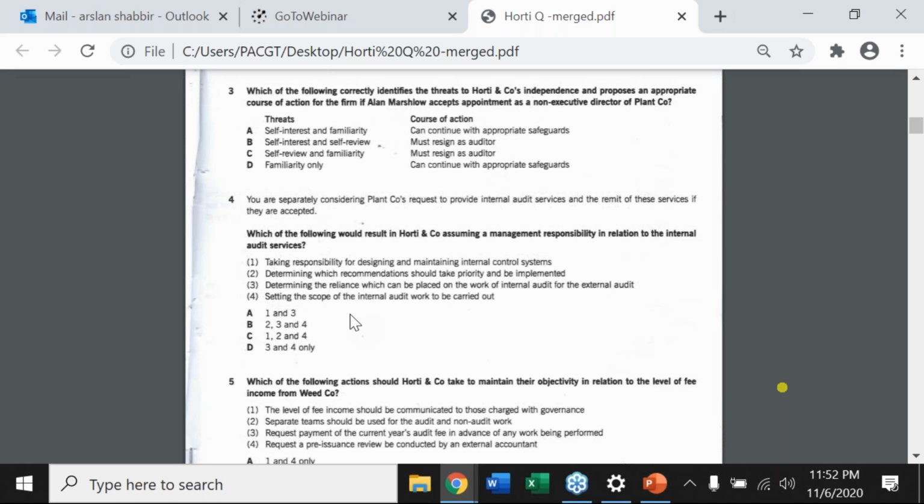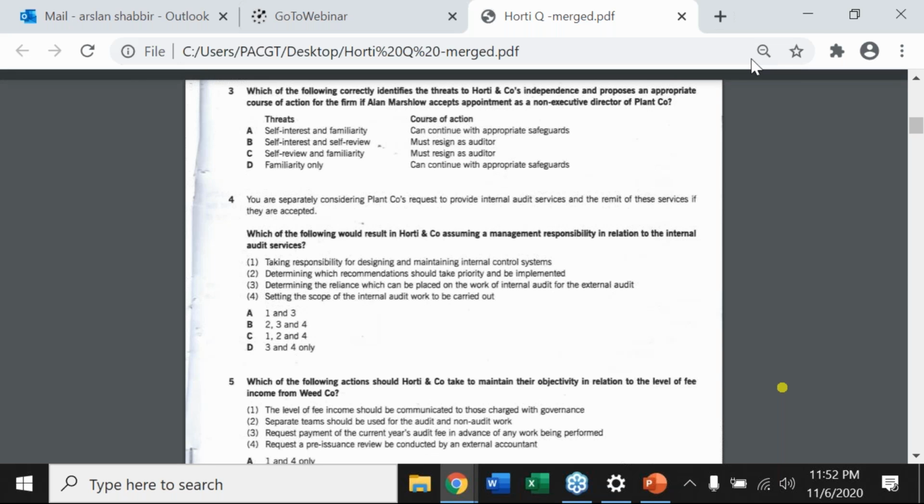Internal auditors do not have any relationship with the external auditor, so how can they determine the reliance for the external audit? D, setting the scope of the internal audit function. Obviously, this is the work of internal audit. So options 1, 2, and 4 are right. So option C is the right answer.